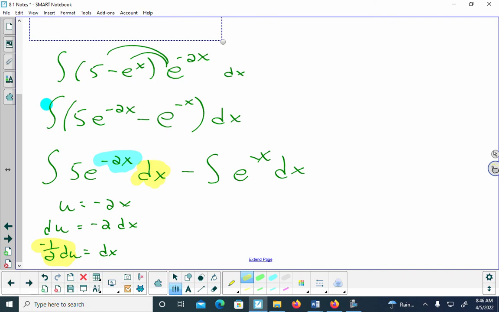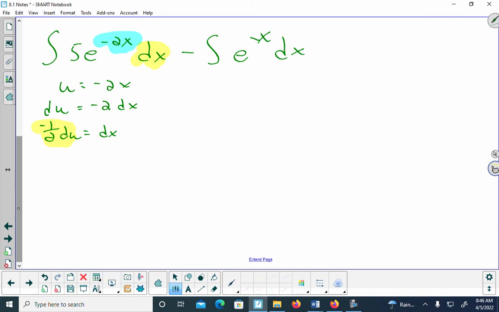The 5 will stay there. This e will be e to the u. So when I write this part, I'm going to have the 5 e to the u negative 1/2 du. And so when I take the antiderivative of this, I'm going to multiply. So this will be negative 5/2 e, and I'm going to put the x back in, negative 2x. And then I'm just going to write plus c. I know I'm going to take care of that in a second.